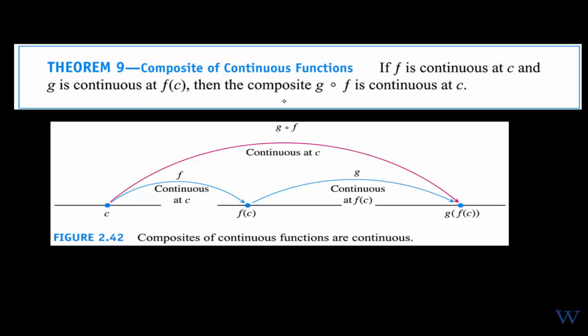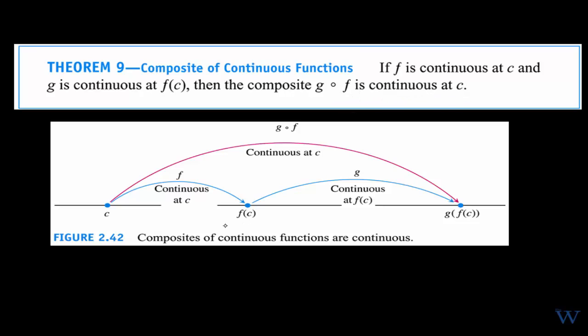Composition of continuous functions. If f is continuous at x equal to c, and g is continuous, of course, at f of c, then the composition g of f is also continuous.